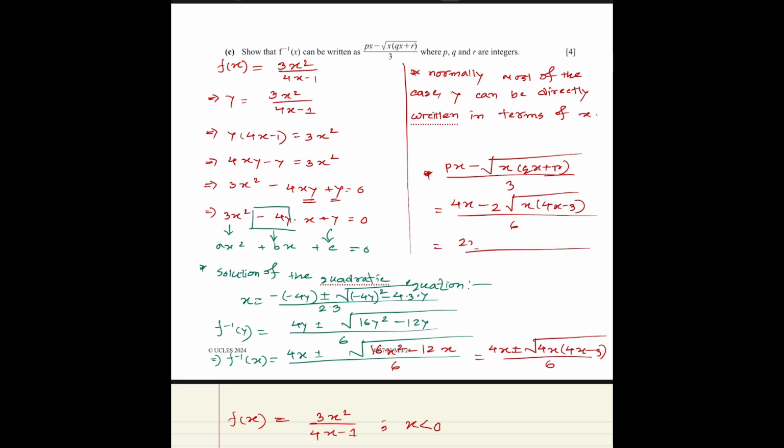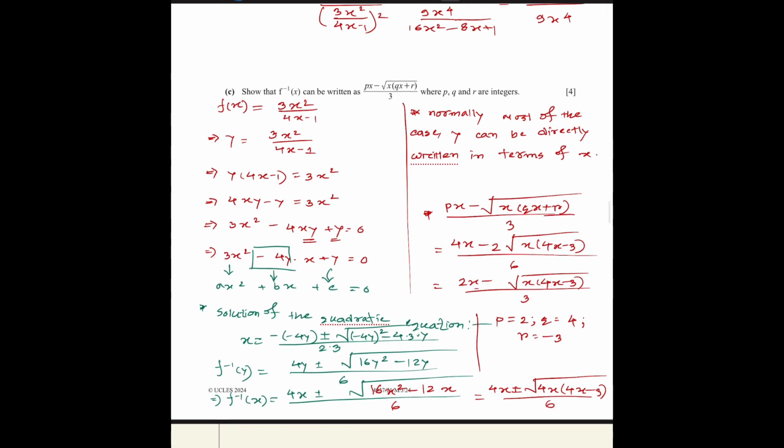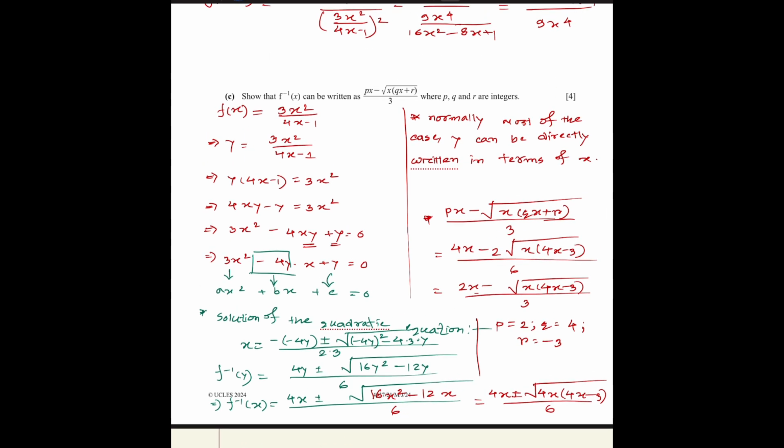So 2x minus the square root of x times (4x minus 3), divided by 3. So now comparing the whole thing, we can write that p is equal to 2, q is equal to 4, and r is equal to minus 3. So okay, that's the whole math. Thanks for watching. Allah Hafiz.